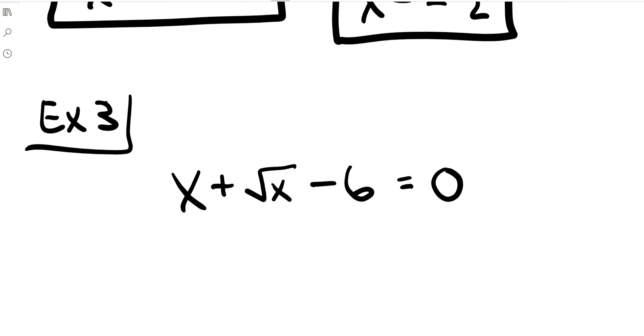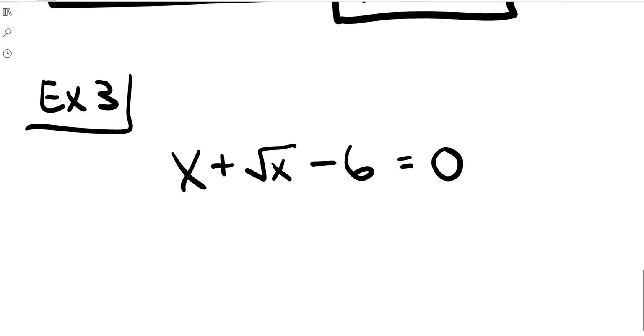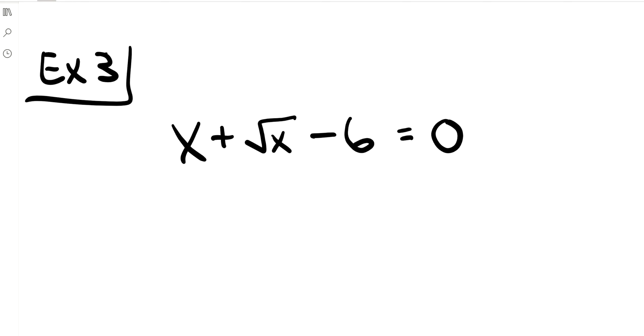Okay, this one takes a little more understanding of what's happening with this. So let's kind of look at this as you're kind of like going backwards, really, or the inverse of what we did up here. Let's see. So I'm going to look at this. I'm going to say that u equals the square root of x.